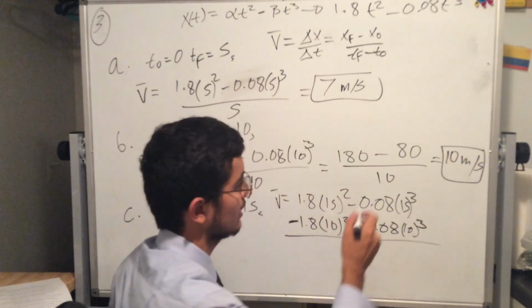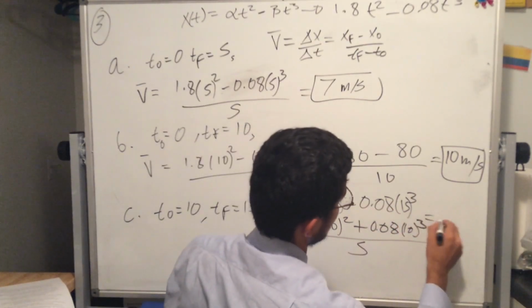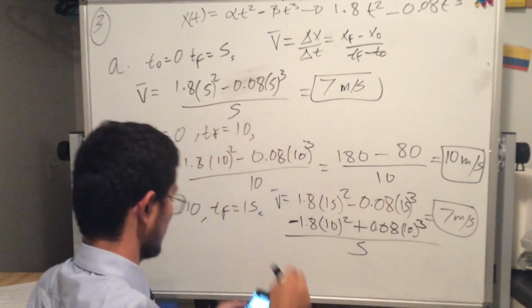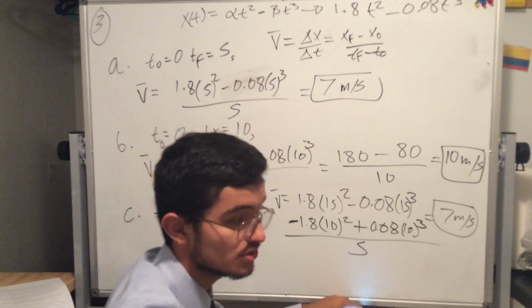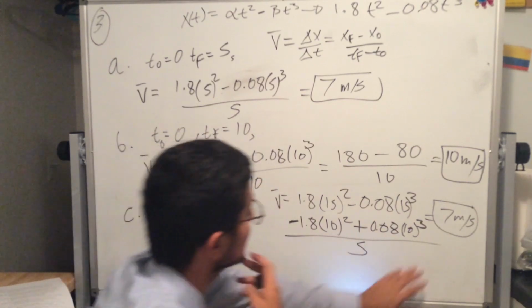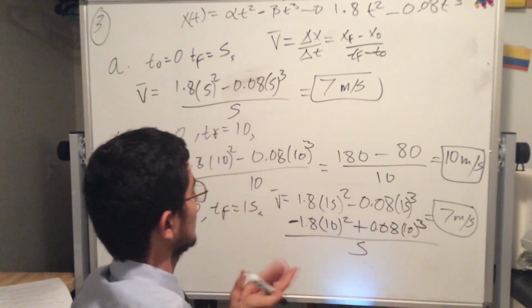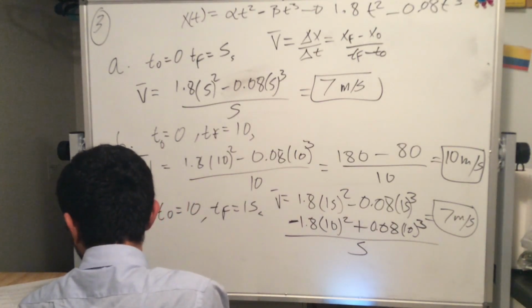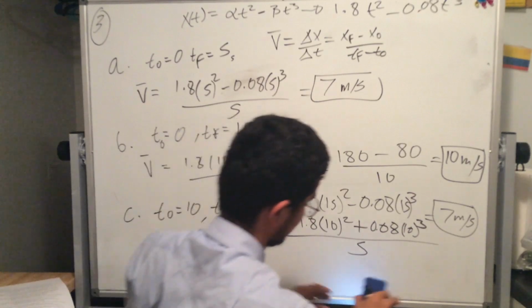So surprisingly we get 7 meters per second again, just like in part A. Well, that's an unusual result, very interesting. So 7 meters per second is going to be the average velocity in the time interval from 10 to 15 seconds. Okay, we're going to move on to the next question now.